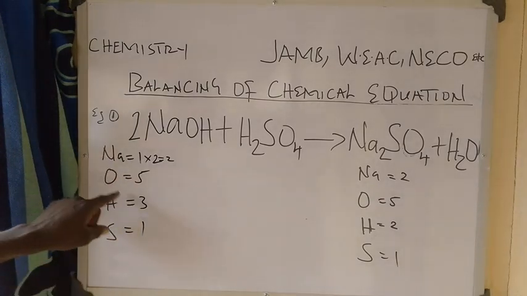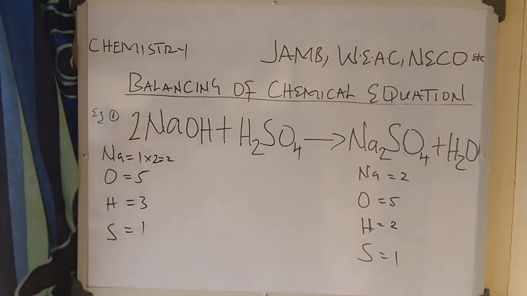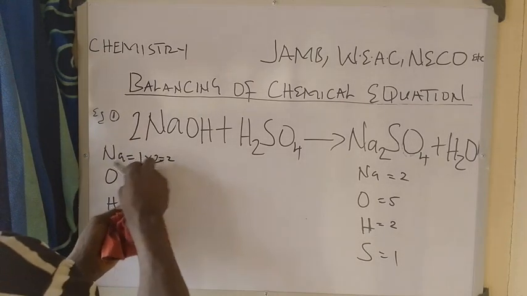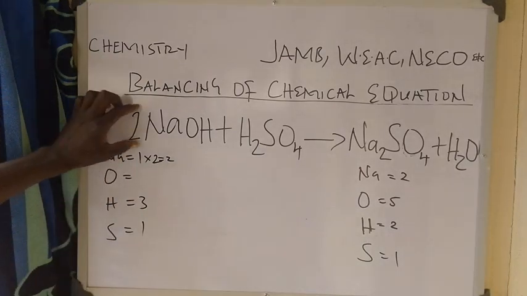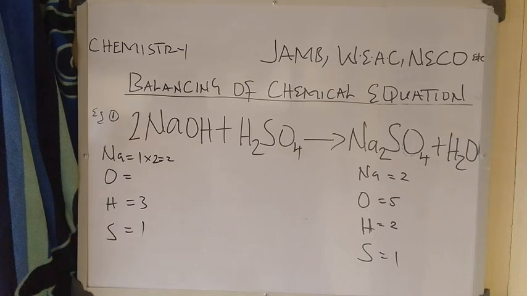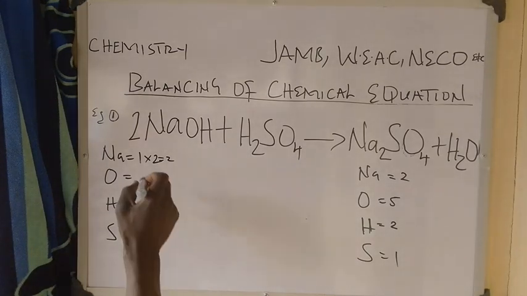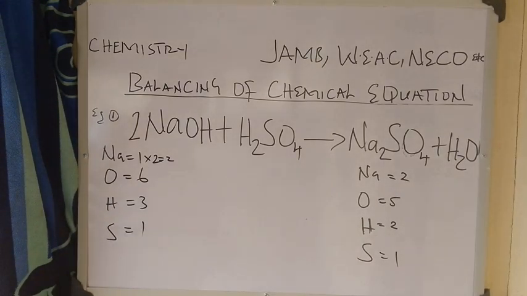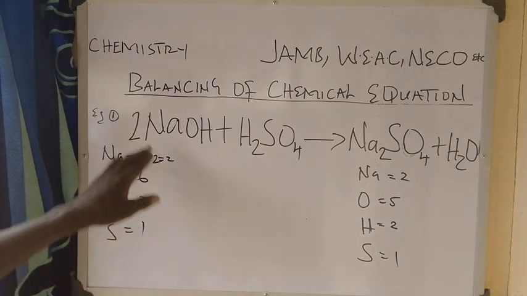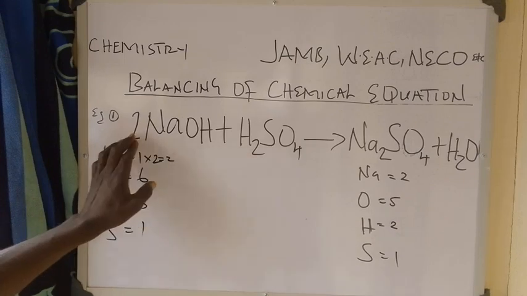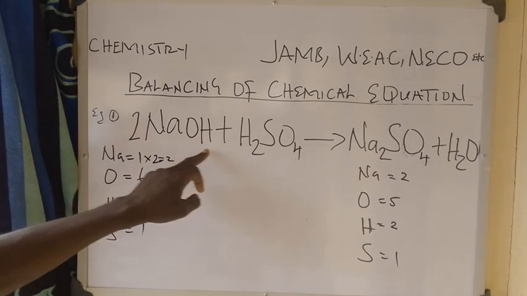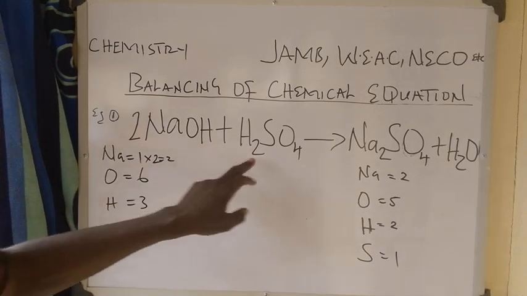So it means oxygen here is no more 5. Oxygen is no more 5. So now, since I have 2 oxygen here plus 4 here, it makes 6 oxygen. Then let's come back to hydrogen. I have 2 hydrogen here. These 2, remember, is multiplying everything here. So it means I have 2 hydrogen, so 2 here plus 2 here.